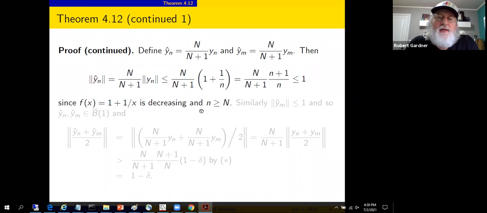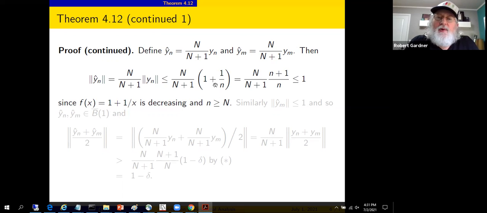We've chosen m and n to be greater than or equal to capital N. When lowercase n equals capital N, this reduces to 1. When lowercase n is bigger than that, this reduces to something less than 1. So that's how that inequality is established. It's based on the fact that f of x equals 1 plus 1 over x is decreasing.